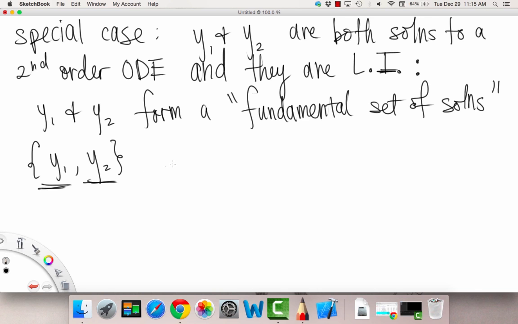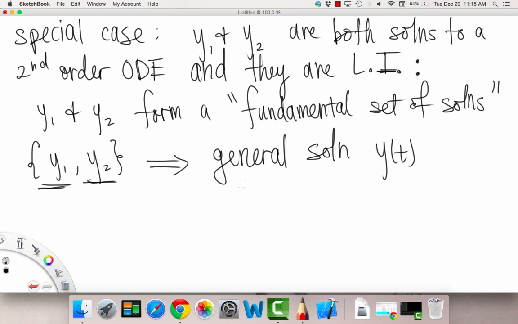In this case, we just have the 2. So we can form a general solution, which composes all of the possible solutions to our second order ODE. The general solution y of t is just a linear combination of the entries in our fundamental set.